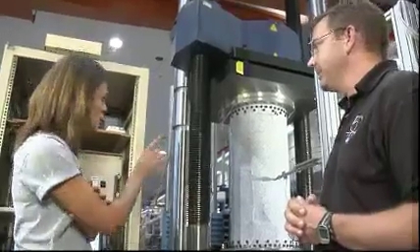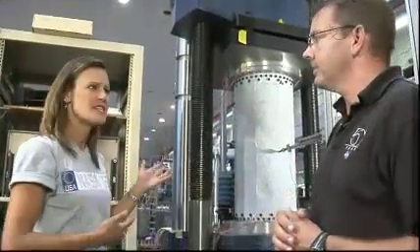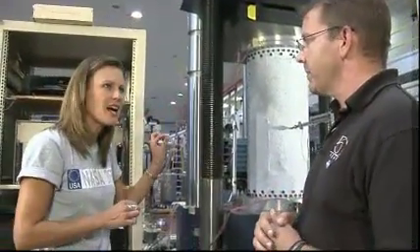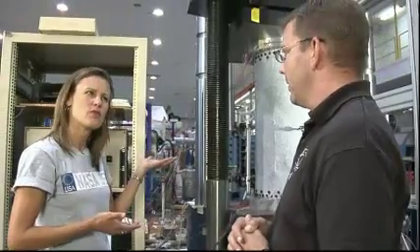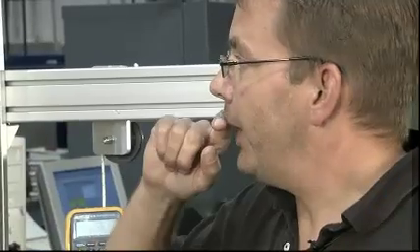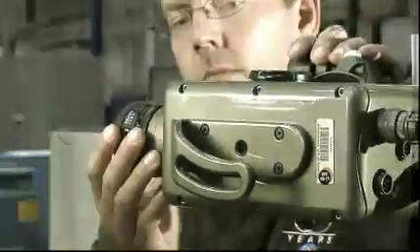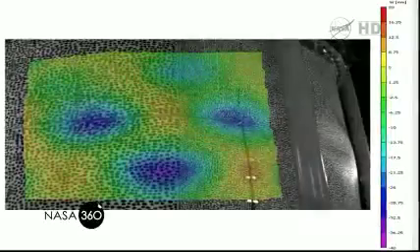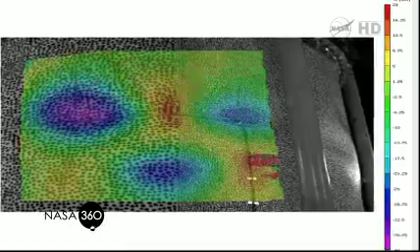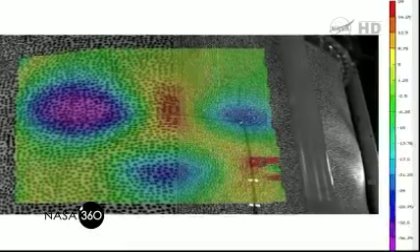All right, in addition to the wires and the things I see attached, I see little tiny dots. What are they there for? Well, many years ago, NASA started working with some universities to develop what we call a video image correlation system. It's a series of digital cameras that we position around the circumference of the shell, and it monitors this speckle pattern that we've painted onto the shell.